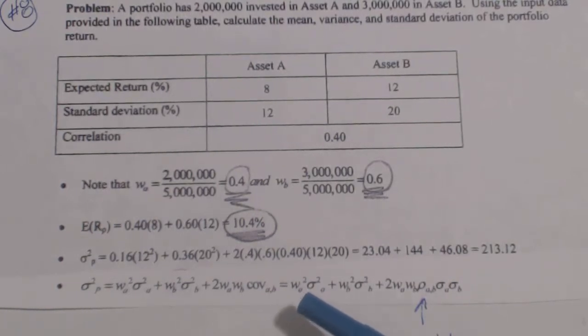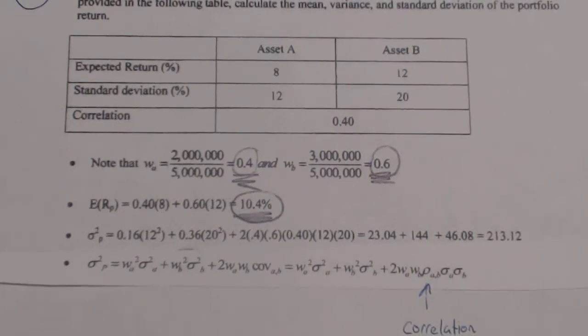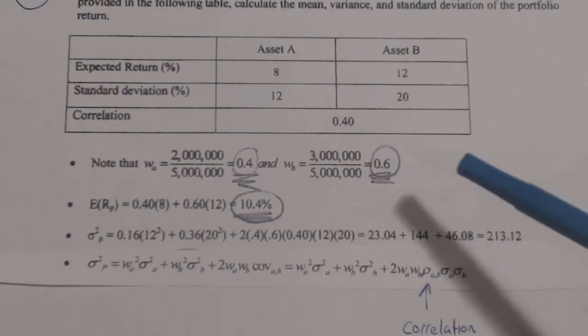Correlation equals P, which is the covariance of XY over the standard deviation of XY, but you don't need to know that for right now. So anyway, P is correlation. So they gave you that.